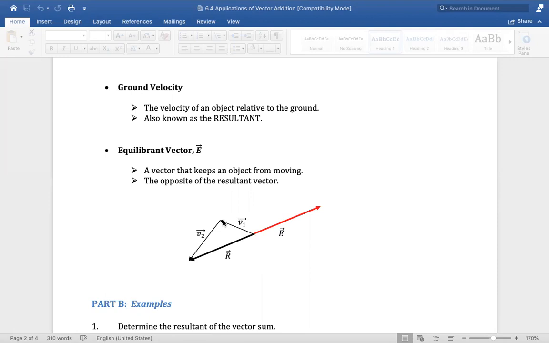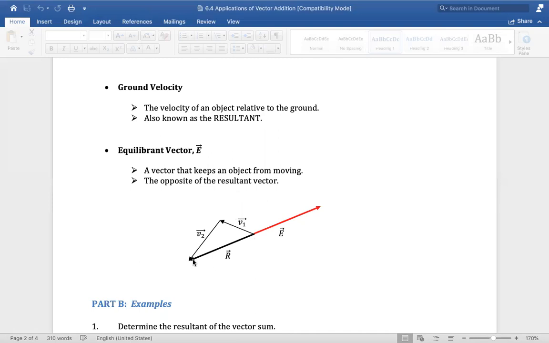The resultant is you start at the beginning of vector 1, going to the end, or where the head is, of vector 2, and that is your resultant vector. If that's all there was, then the resultant force would be moving in this left direction, because it is starting here and ending here.